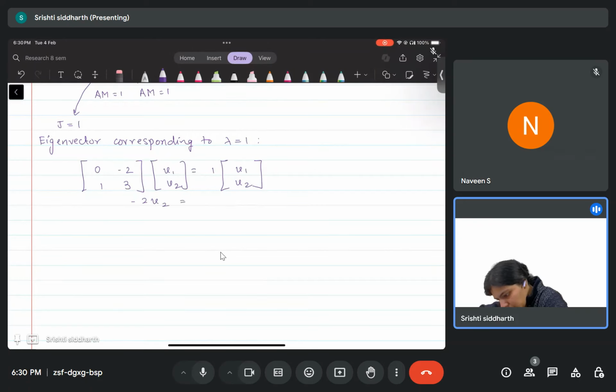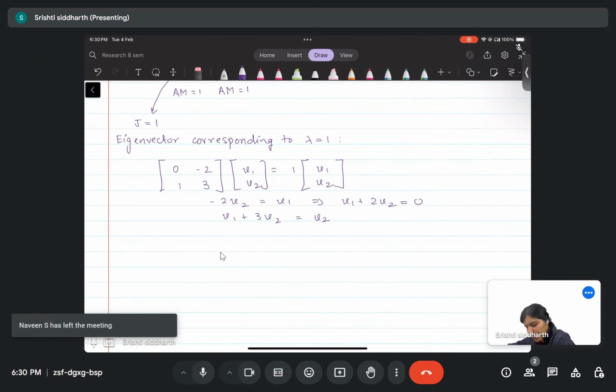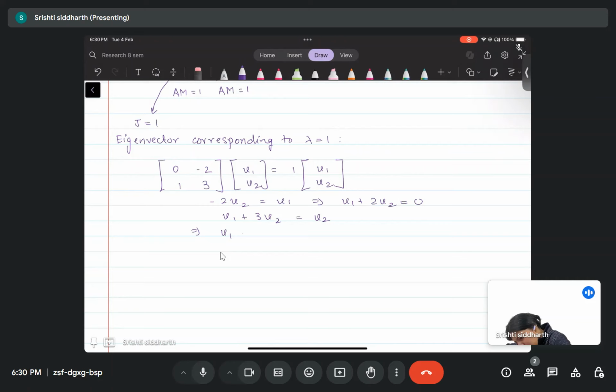This 2v2 equals v1, which is v1 plus 2v2 equals 0. And the next one is v1 plus 3v2 equals v2. This implies v1 plus 2v2 equals 0. So let's assume that v1 is 1.